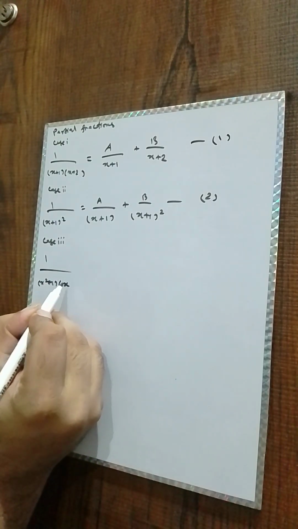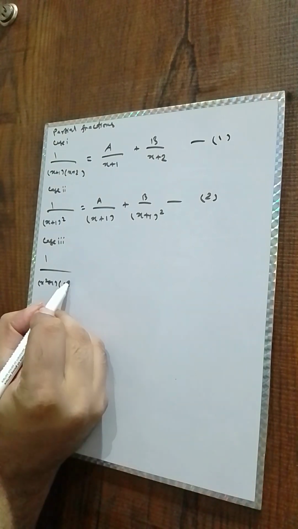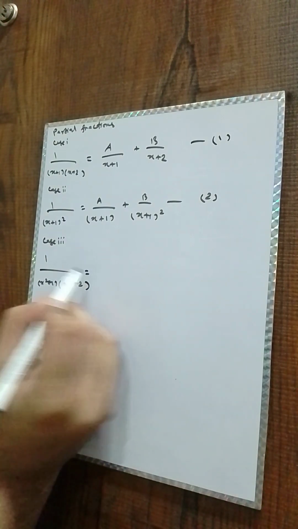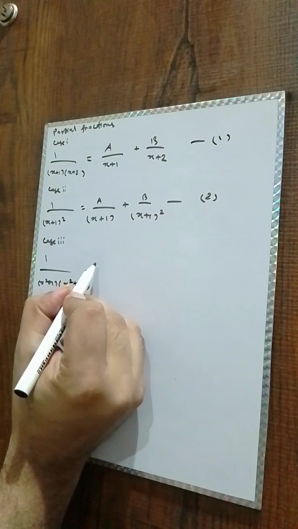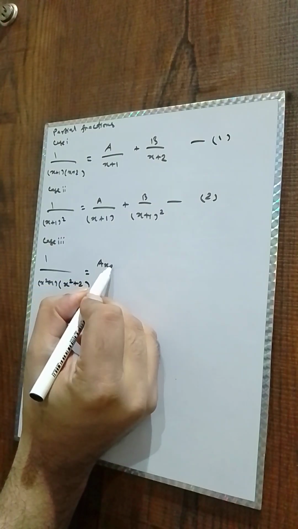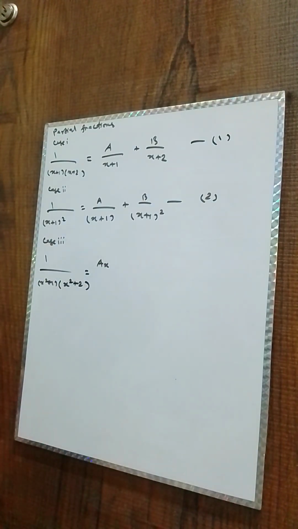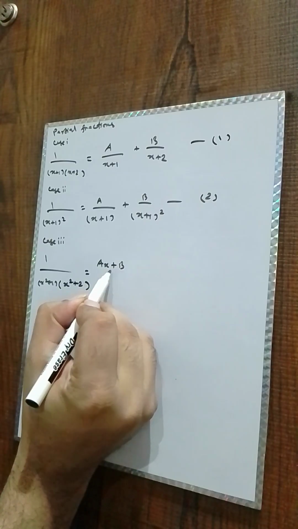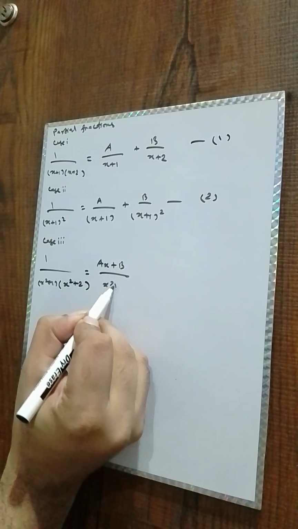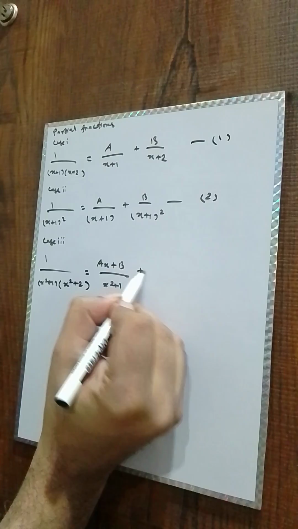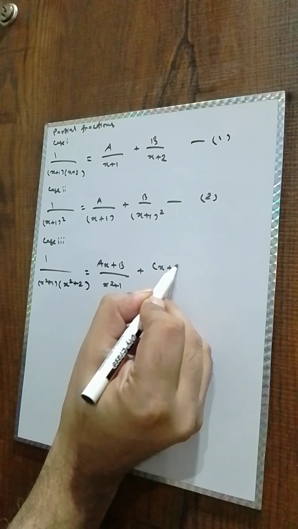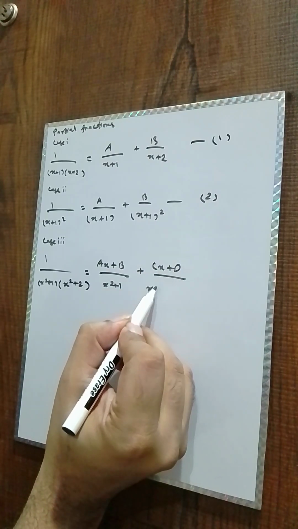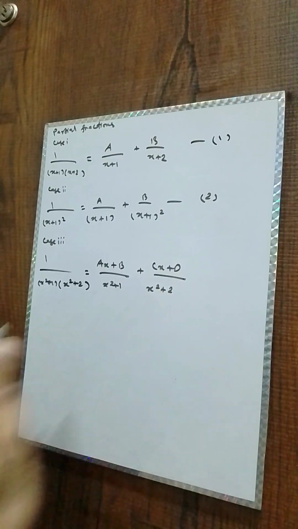Now notice the increasing degree of x, and x square plus 2 in a different term. So we open it up something like this. Yeah, so (ax plus b) by (x square plus 1), the first term, then (cx plus d) by the second term, (x square plus 2).